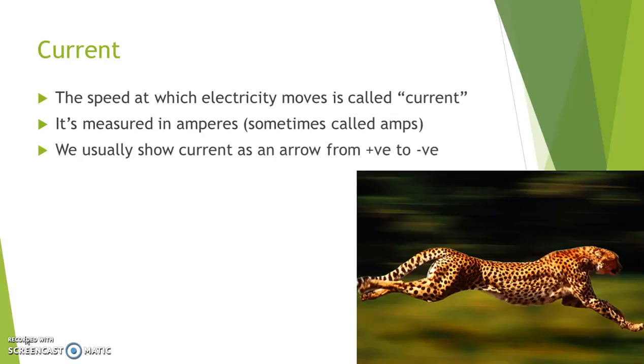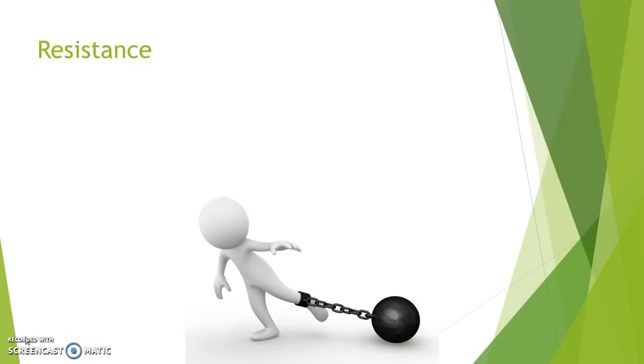Current doesn't have a symbol like other aspects of the circuit do, and this is because we can't really see current directly. But we'll sometimes show it as an arrow going from positive to negative in our circuit. And we'll see that arrow in a few seconds when we do some calculations.